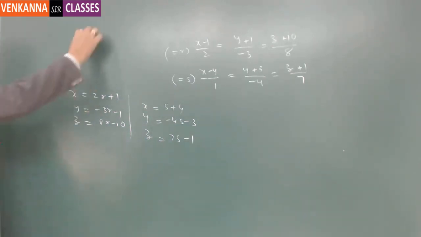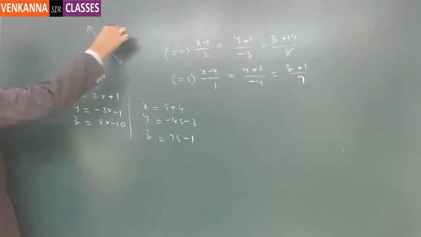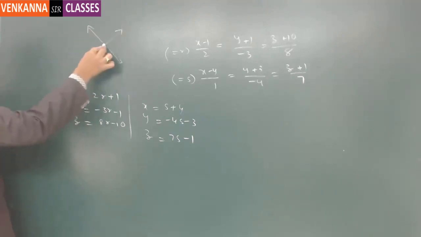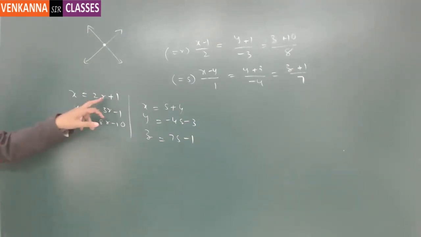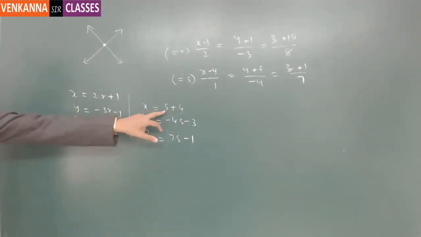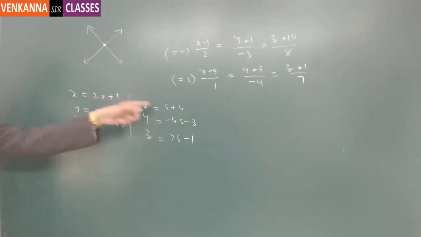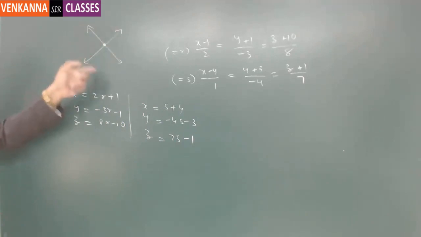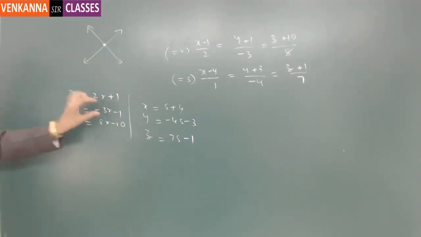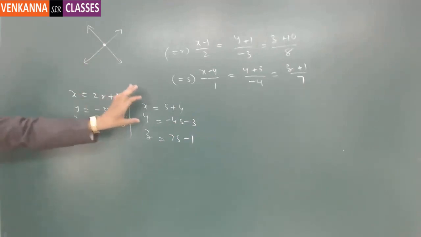So if you feel that the two lines are intersecting, they should share the point of intersection. It means that for some r value and for some s value, these coordinates are equal because the point belongs to both the lines. So it belongs to line 1, it belongs to line 2.